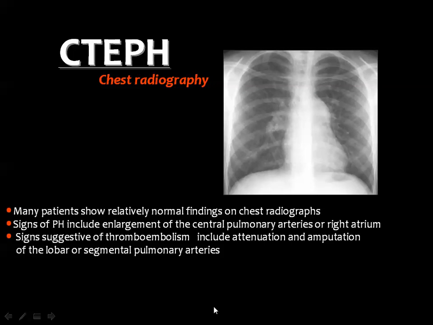Then the chest radiography may show signs of pulmonary arterial hypertension. You all know them: enlargement of the main pulmonary artery segment, dilatation of the central branches, and peripheral attenuation of the vascular markings.